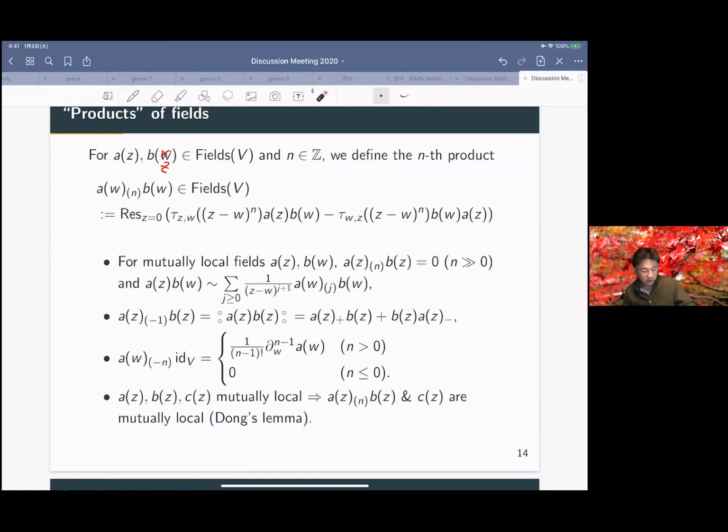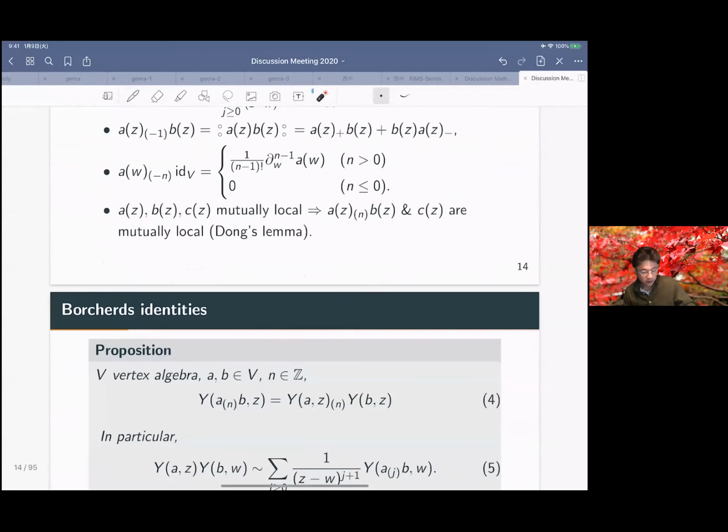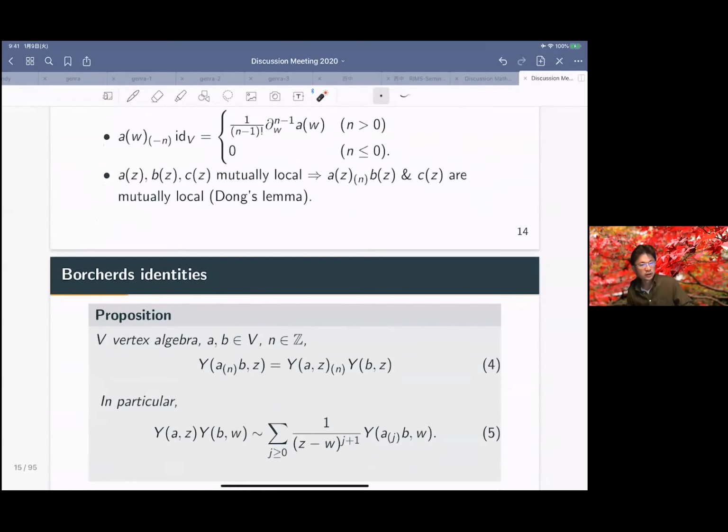Now I can explain Borcherds' identity of vertex algebra.